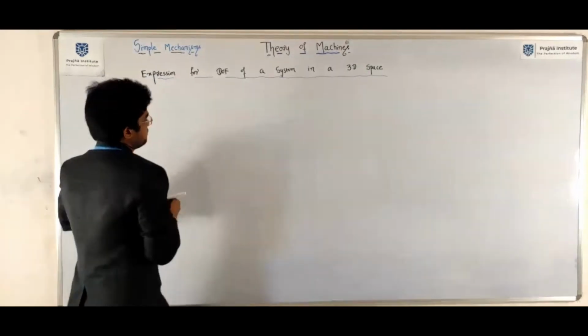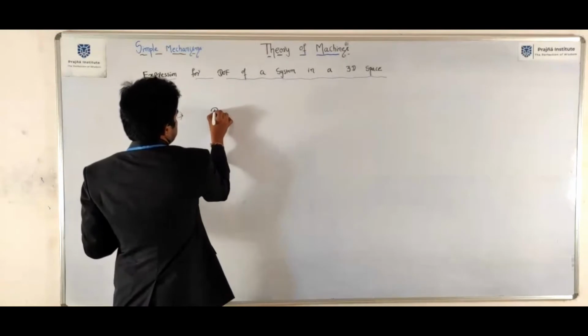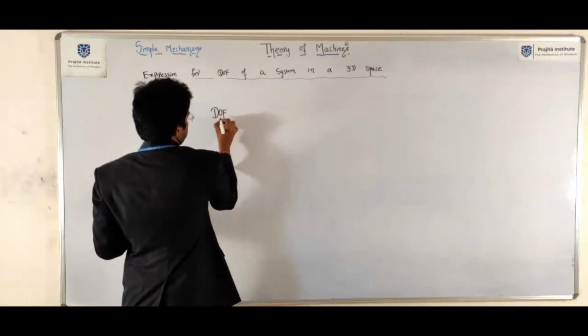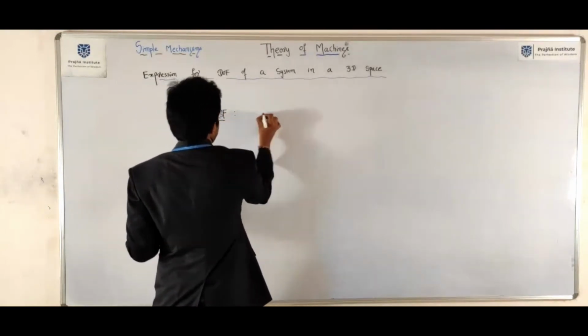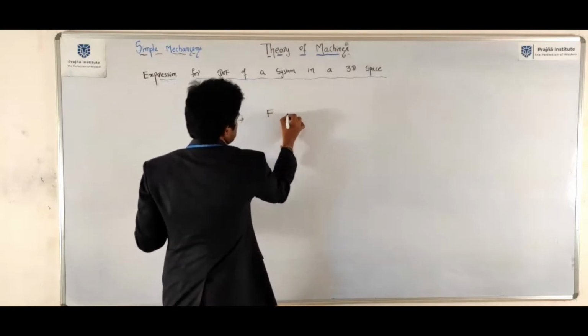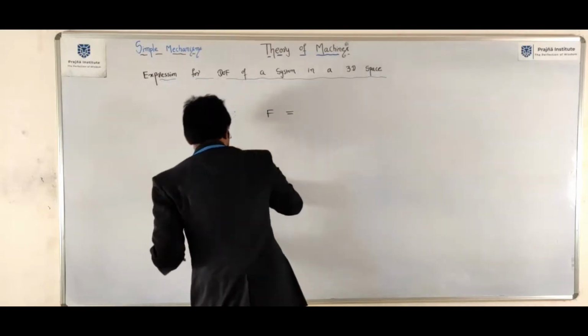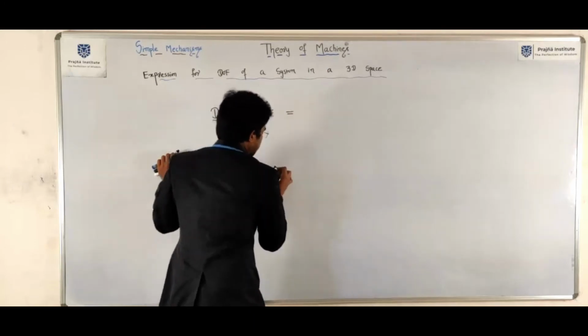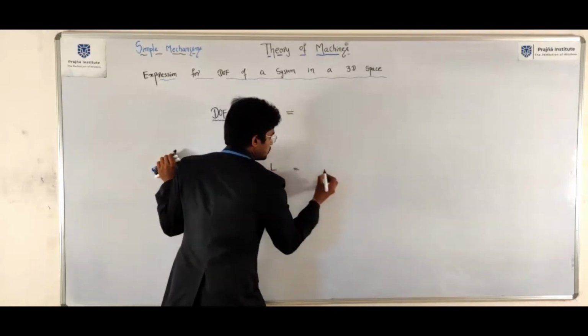First, degree of freedom F equivalent to... first write down, L equal to total number of links.